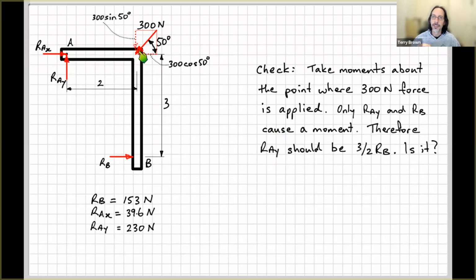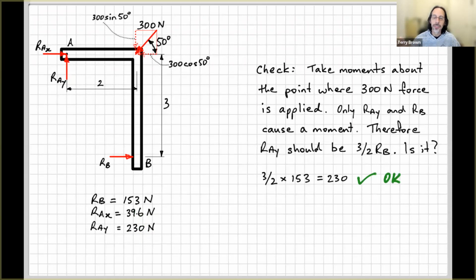But in this case, it's bent. RB is further away from this point than RAY is, so RAY needs to be bigger than RB. Is it? Let's have a look down here. RAY is bigger than RB, yep, and it's about 1.5 times RB.